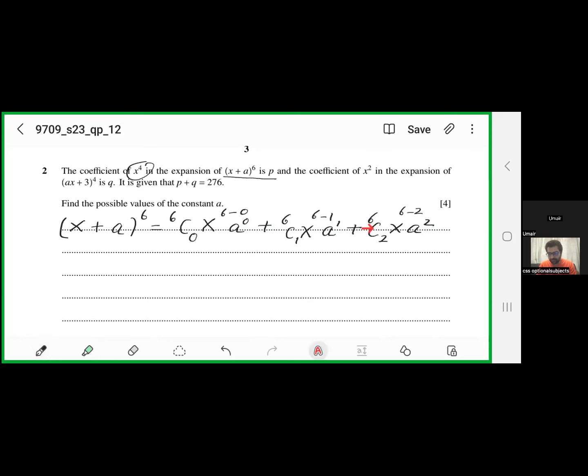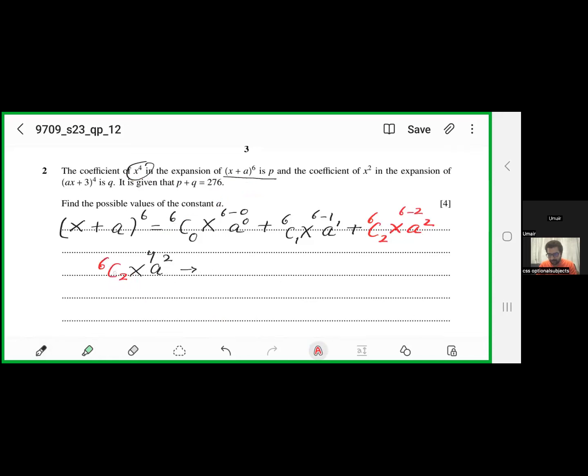So this is the one which we have to consider. This is where we have x power 4. So let us take this out: 6c2 x power 4 a square. Well, that is equal to, because they are saying that the coefficient of x power 4 is p.